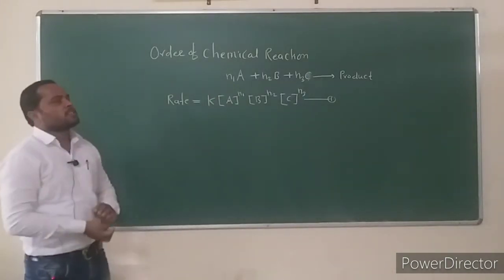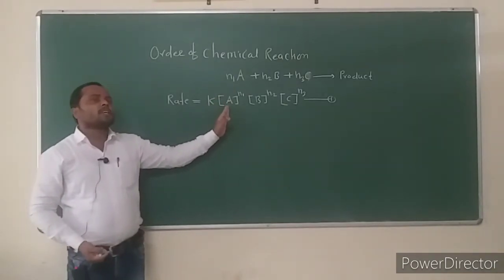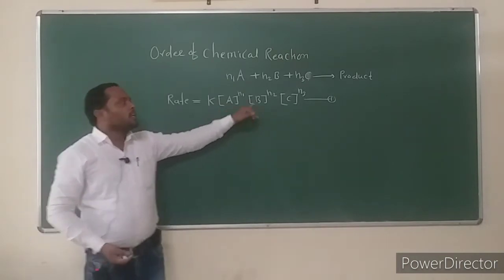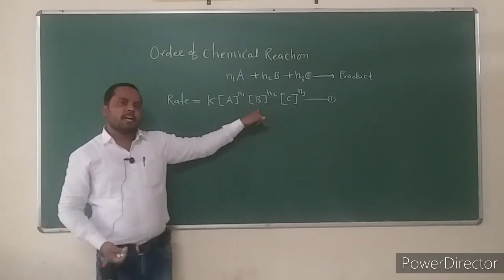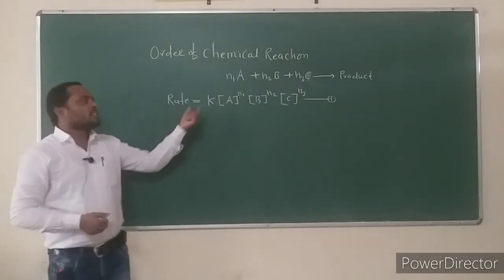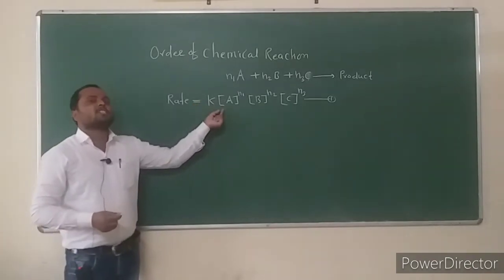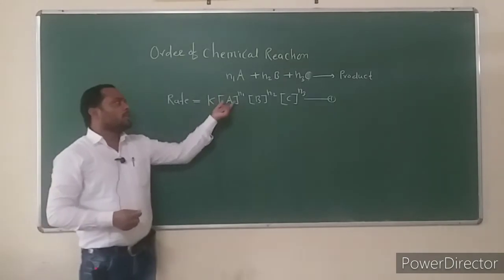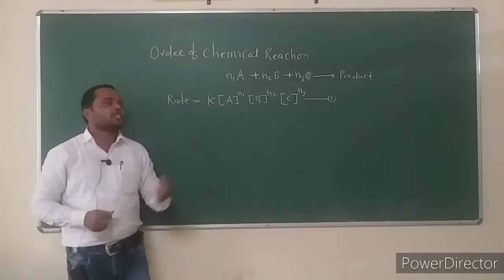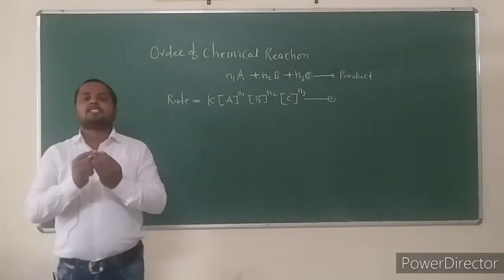In this equation, the rate of reaction is proportional to the n1th power of concentration of reactant A, the n2th power of concentration of reactant B, and the n3th power of concentration of reactant C. The rate equation indicates that the rate of chemical reaction is proportional to the n1 power of concentration of reactant A, the n2 power of concentration of reactant B, and the n3 power of concentration of reactant C.